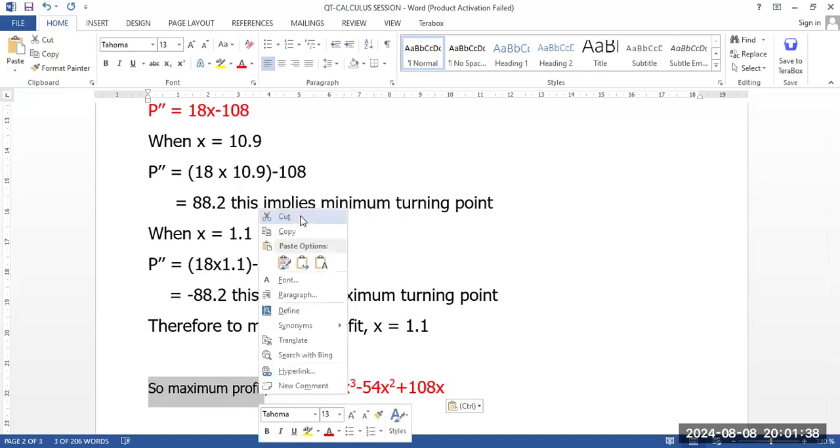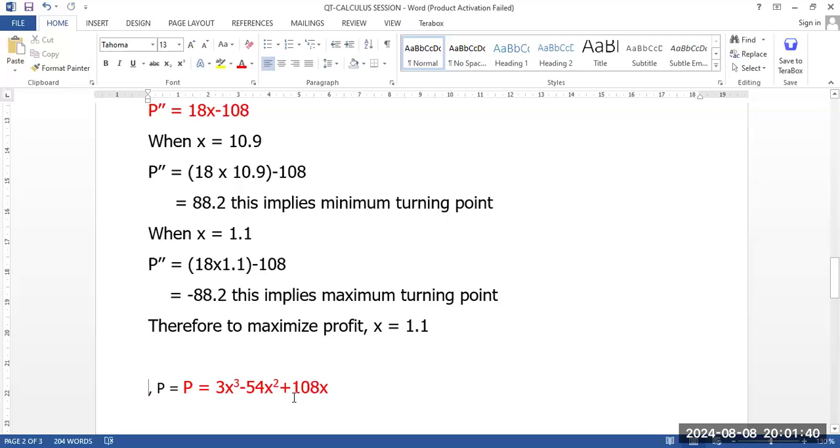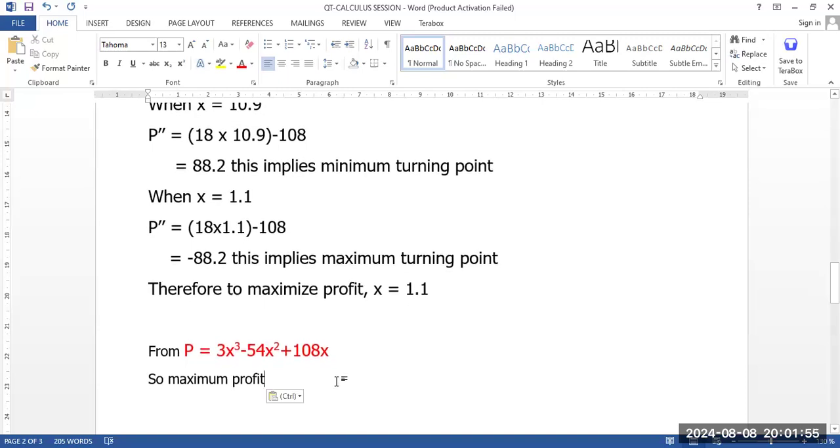We say from P, from P is equal to that maximum profit. P is equal to, where we have x, we put 1.1. 3 into 1.1, then power 3.